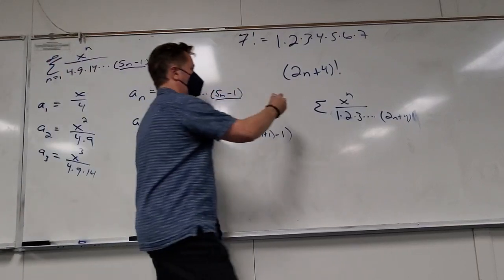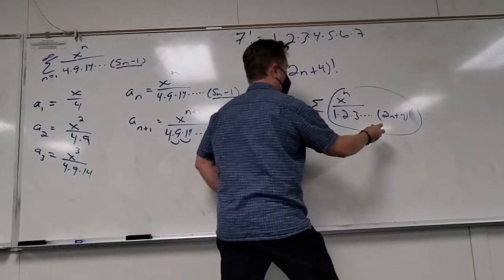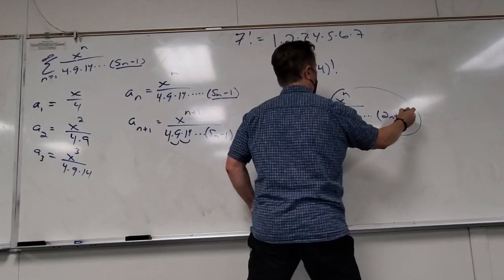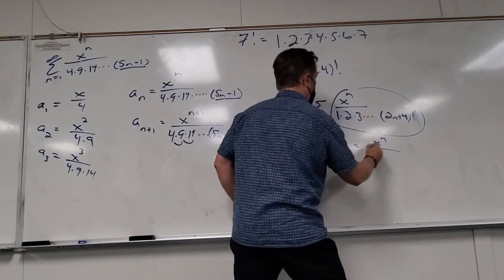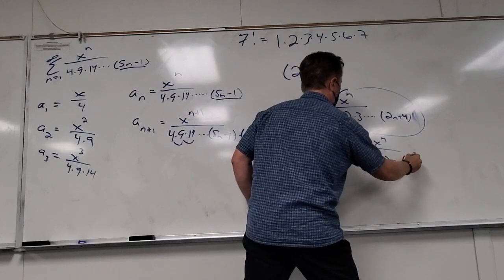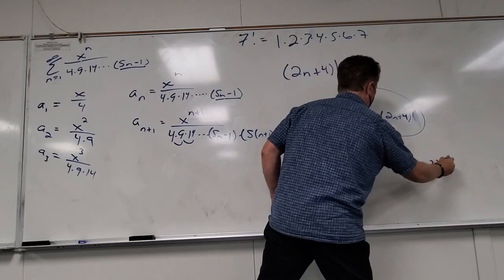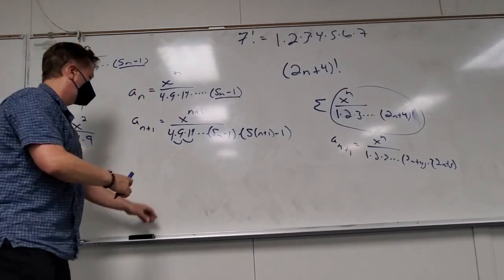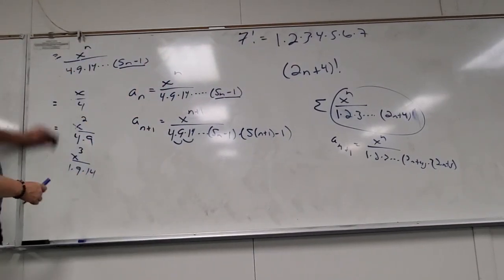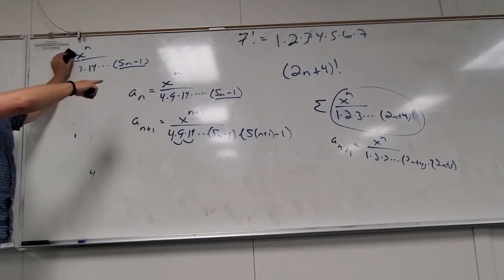And then that would be like a_n. So a_n plus 1 would be x to the n over 1 times 2 times 3 times 2n plus 4 times 2n plus 5. Right. In fact, let me do this very concretely. Hopefully that's enough for you guys.